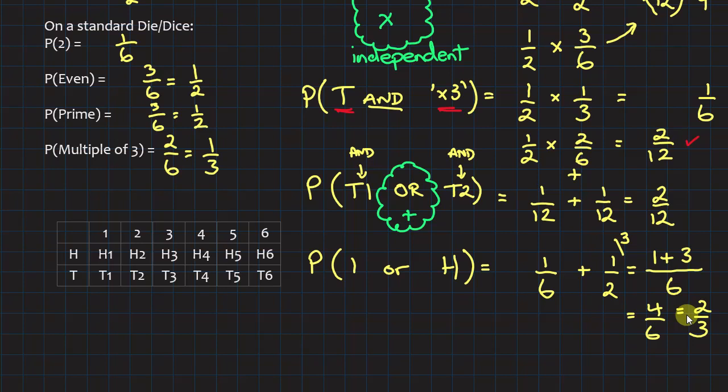Now let's check it using our sheet. We want a head, a 1. That's a 1, and that's a 1. Or a head, or the heads. Now, when we're using the sample space diagrams, we never double count a square.